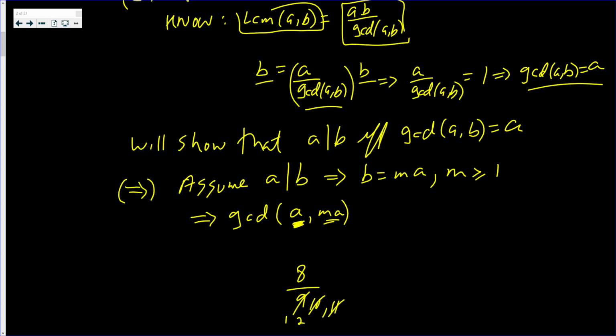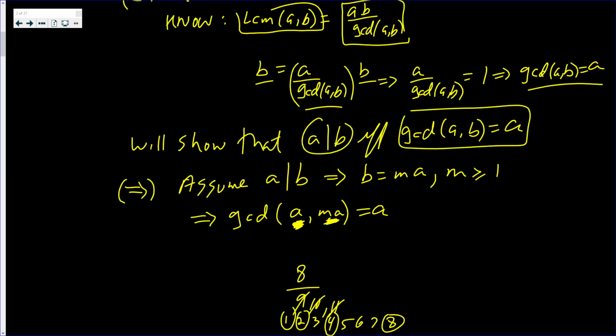The only numbers that will go into it are numbers less than or equal to 8. Like 1 goes into it, 2 goes into 8, 4 goes into 8, 8 goes into 8. Not every number less than 8 will go into 8, but only numbers less than or equal to 8 will go into 8. Okay, so the largest number that goes into a is a, and a also goes into ma. That implies the GCD of a and ma is a. So I started with this, and I showed that.